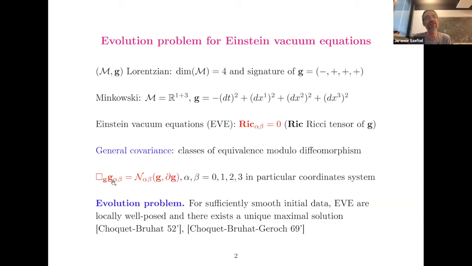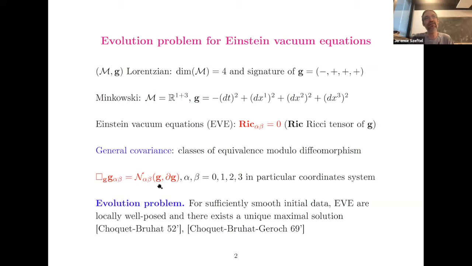So what is this system? First of all, it's a system on the metric components. g_αβ denotes the metric components in your coordinate system, and □_g is the d'Alembertian of the metric g. So it's the generalization to a curved, Lorentzian manifold of the standard d'Alembertian of Minkowski that you know.